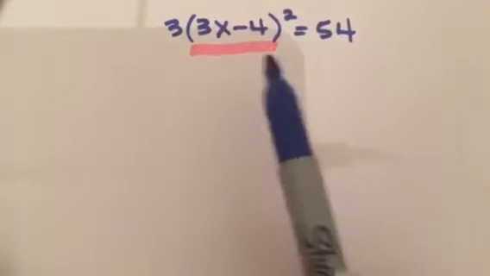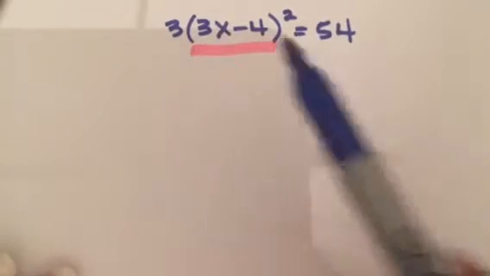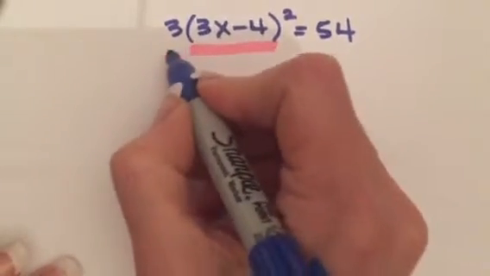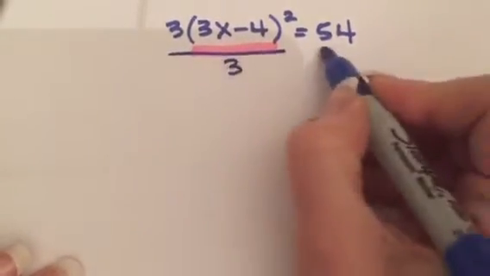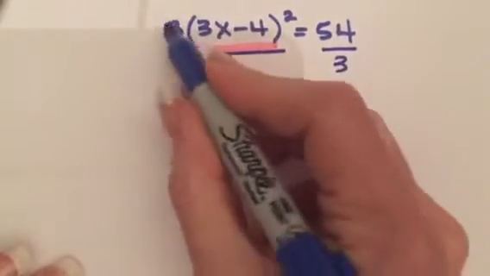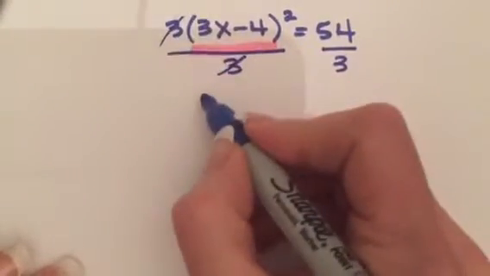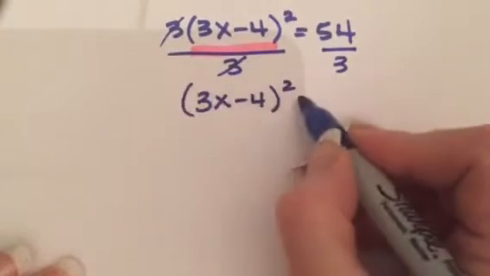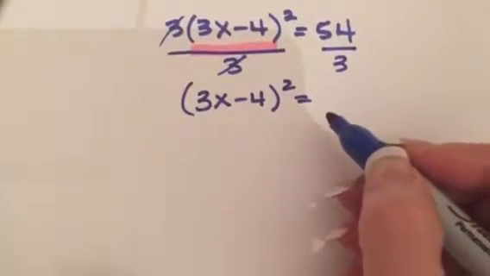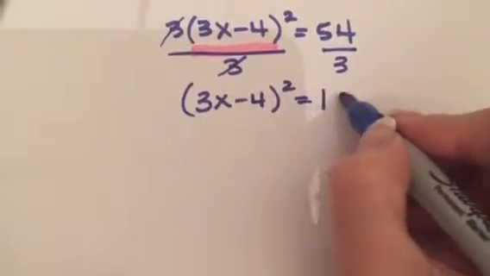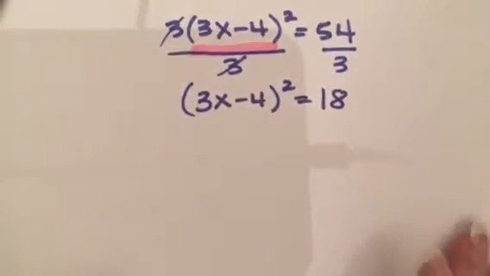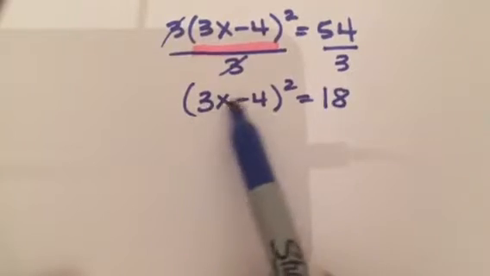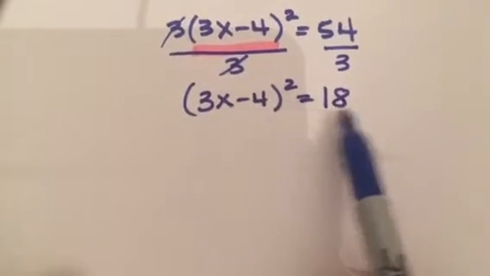Okay, so we see this 3 hanging on in front, so let's divide out the 3. And those would cancel, right? So we would have 3x minus 4 quantity squared is equal to 54 divided by 3, which I believe is 18.